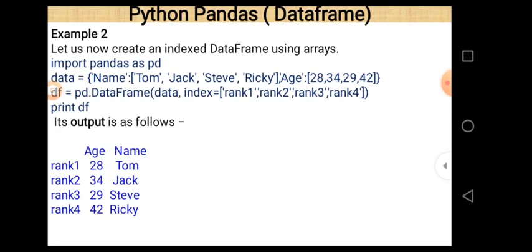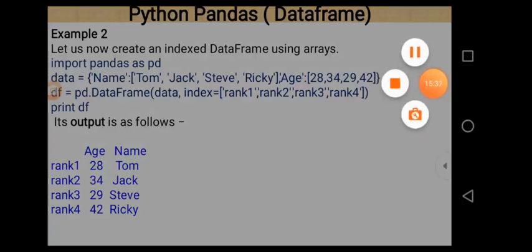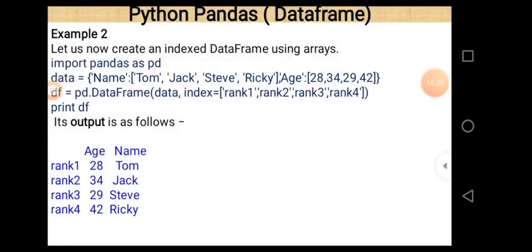So these are the index values. In the last case we didn't pass any index values, that's why the default index values are there, and default index values always start from 0. But here index values are rank 1, rank 2, rank 3, and rank 4. So these are the different index values. So when this program is executed, then this is the output.